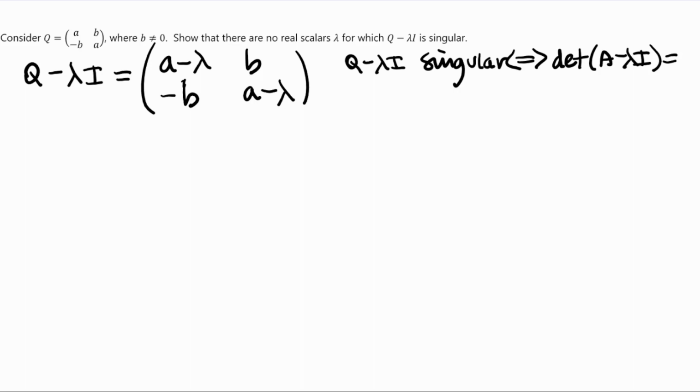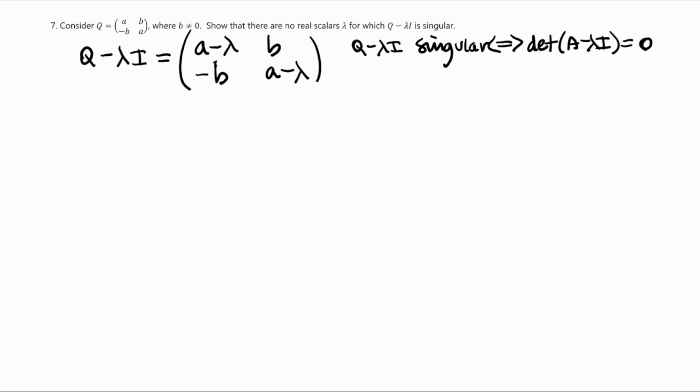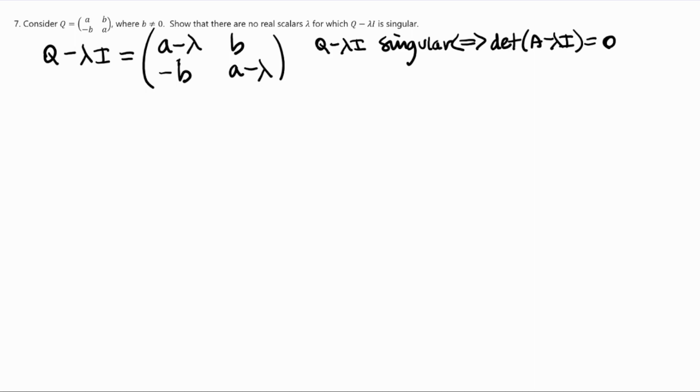Let's see if I can write that a little bit nicer. Okay, there we go. Yeah, it kind of fits. Let's shrink it down a little bit. Okay, so we're going to take this determinant here. We're going to say, all right, this is going to be a minus lambda squared minus b times negative b would be plus b squared.